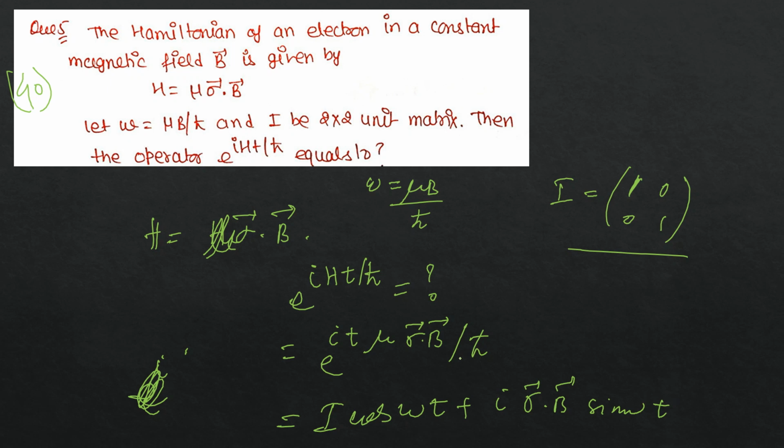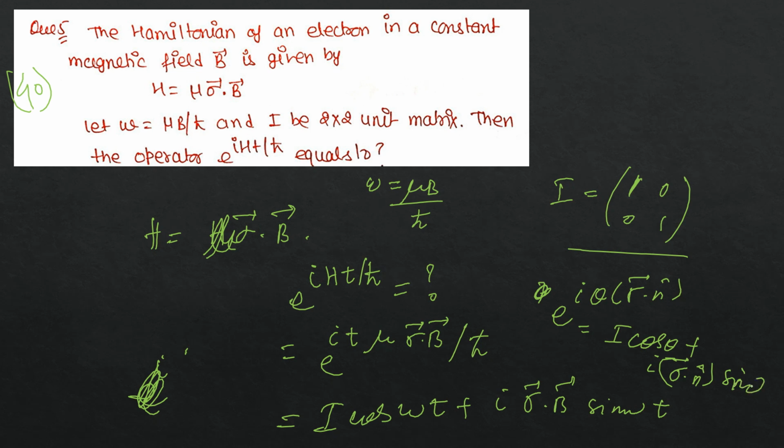How did I do it? e to the power i theta sigma dot n equals I cos theta plus i sigma dot n cap sin theta. So I did it this way. Yeah, this is your answer.